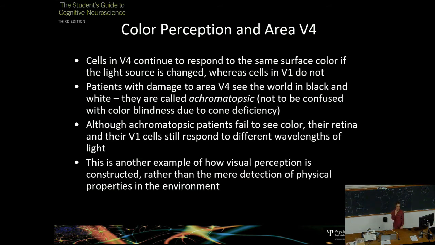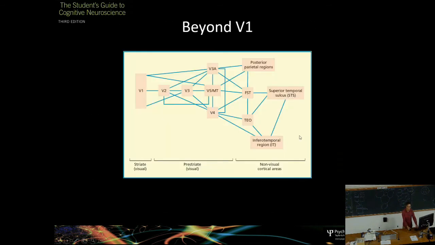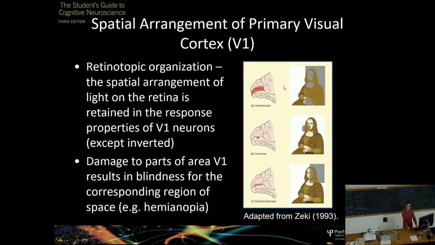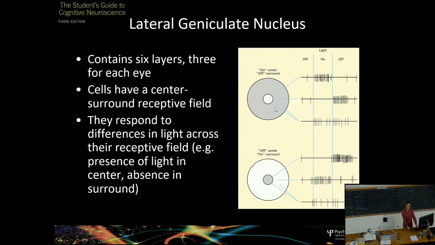But the cells in their early parts of the brain can still tell that there is a chromatic difference there. The reason is that there are colour-sensitive cells that can detect little edges like this, but they don't give rise to conscious vision.